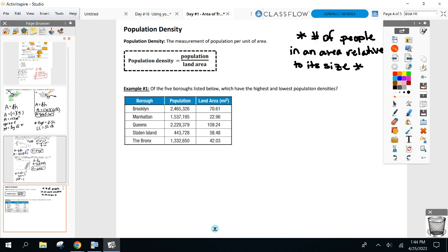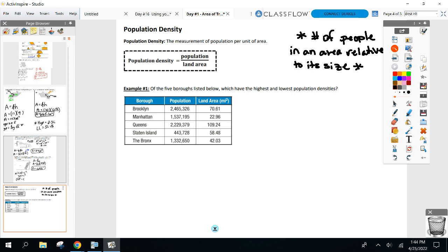Okay? If you think states, we'll get to in a second, play a little game. If you think states, what state has a high population density? Some state where it's a lot of people in a small spot. What has a low population density? Huge state, not many people there. Okay, so the size of the state doesn't dictate if it's high or low, right?